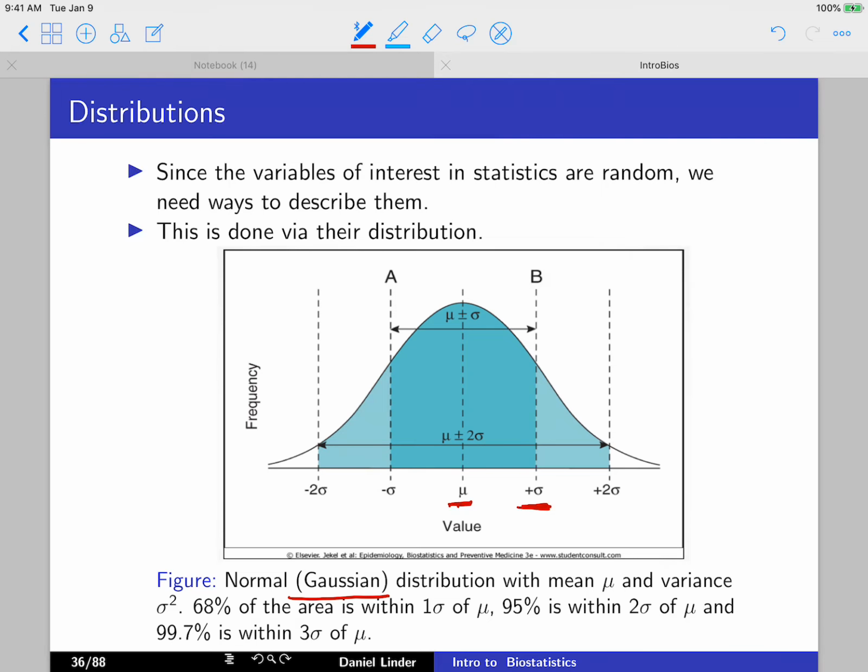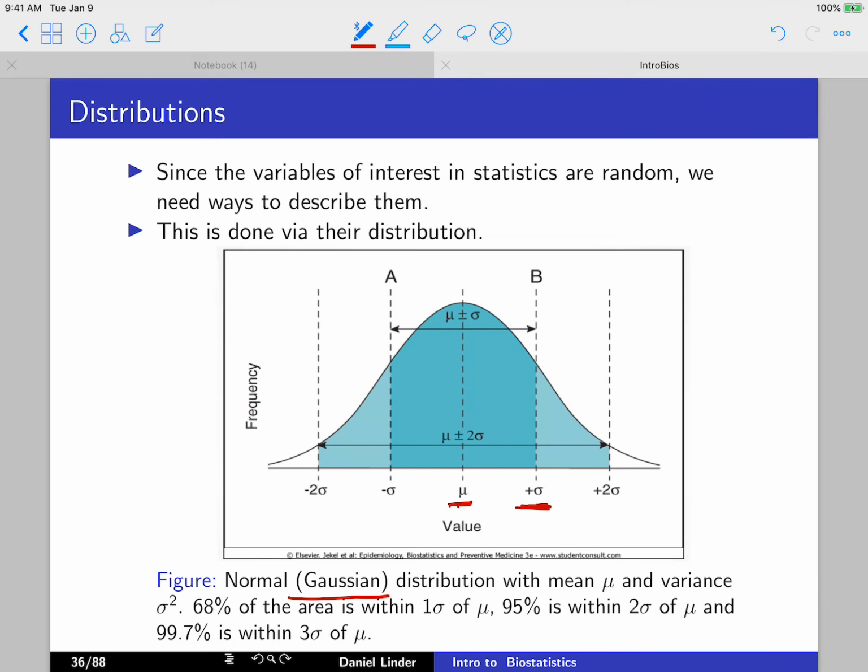But essentially what this mu gives you is an idea of location. It tells you where this normal distribution sits. And this standard deviation gives you an idea of how dispersed this distribution is.